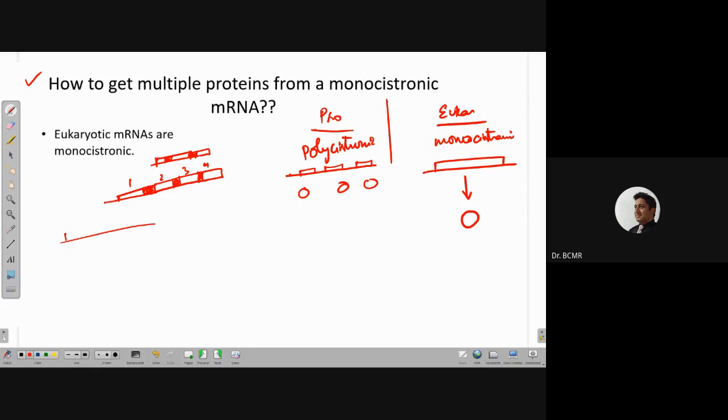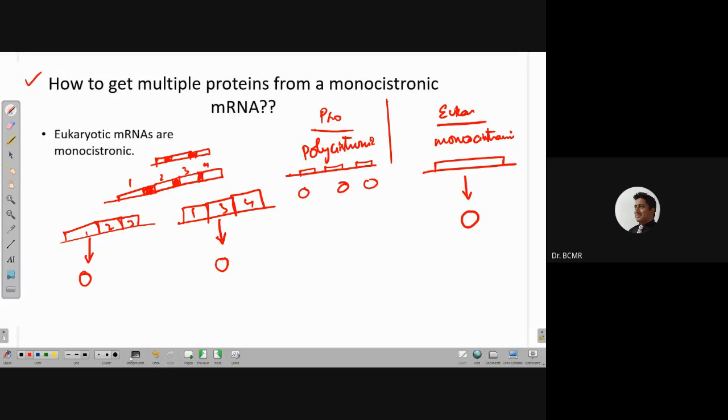The mature mRNA may have exons 1, 2, 3 or exons 1, 3, 4, so you are generating two different types. But from one mRNA, you are only getting one type of protein.